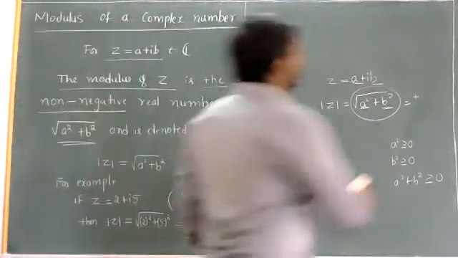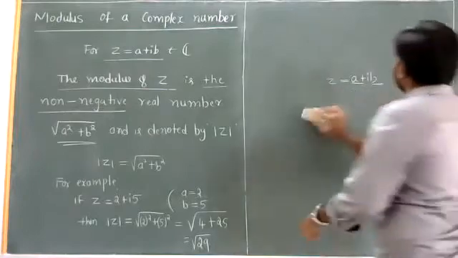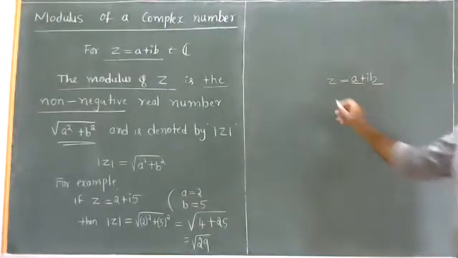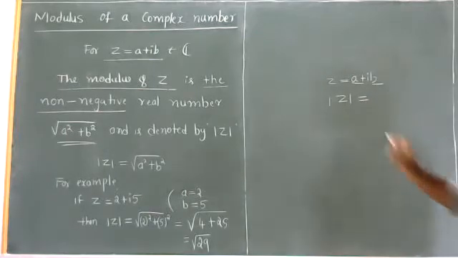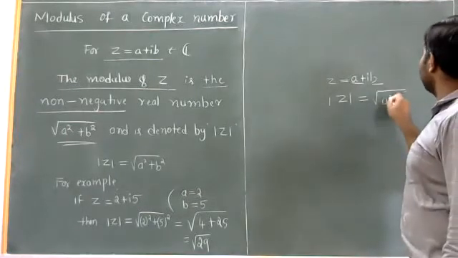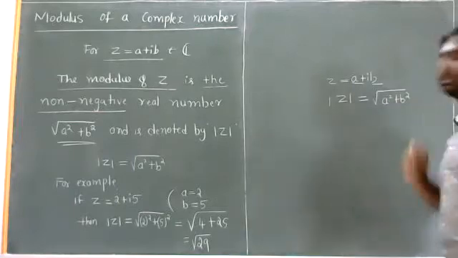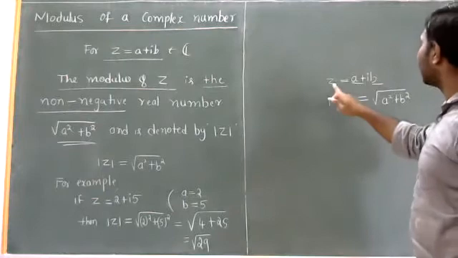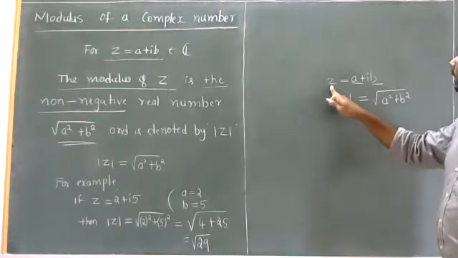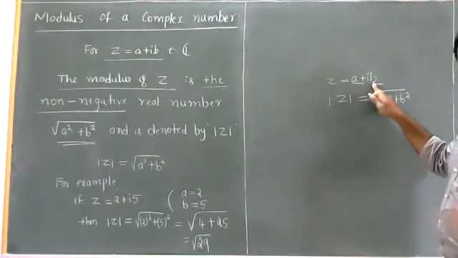And now the question is, for a given complex number, is the modulus unique? Is the modulus unique? And the answer is yes, because for a given complex number a plus ib, what we have to calculate?